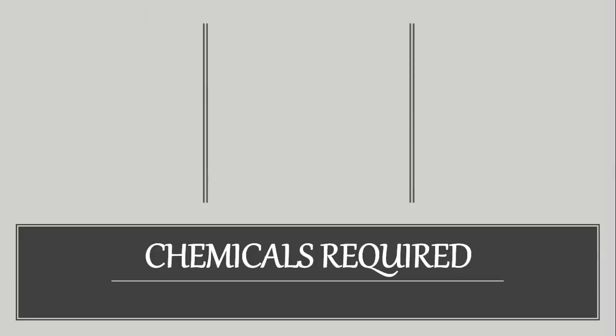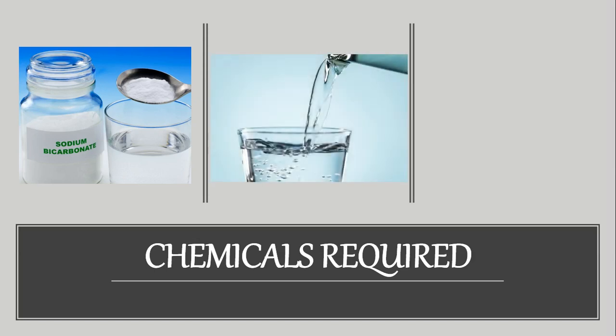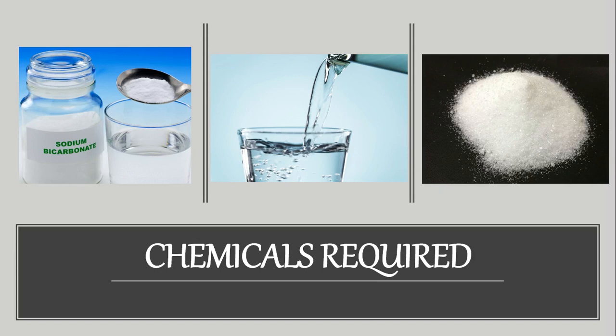And the chemicals required for the procedure are sodium bicarbonate. It is mostly available in crystalline form, or it can also be present in powdered form in the market. The second one is distilled water, and the third one is the unknown organic compound that is to be identified using the sodium bicarbonate test.